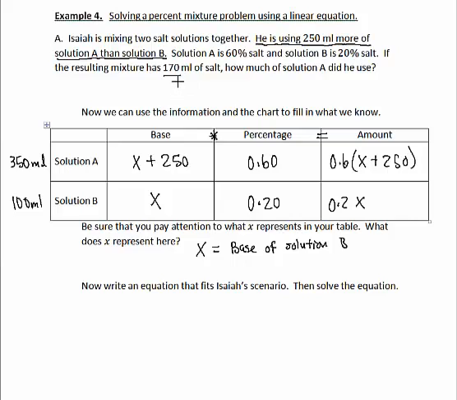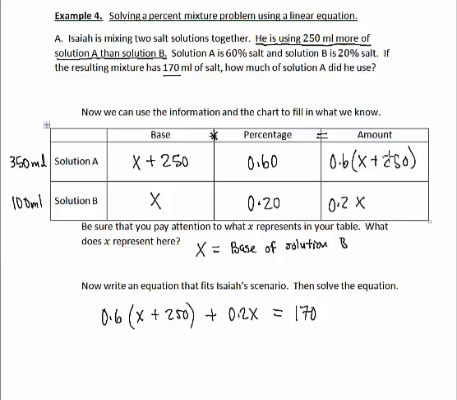Alright, so as in the previous problems, this gives us a total amount. And so the way we come up with our equation has always come from the third column that we calculated in our table, the amount in this case. And so if we add the amount of each solution separately, solution A plus the amount of solution B, we should get the total.